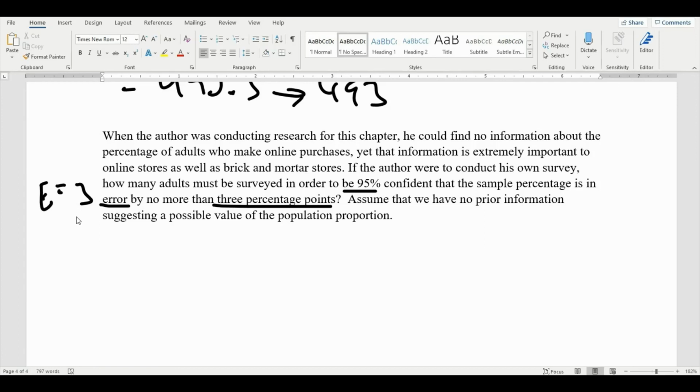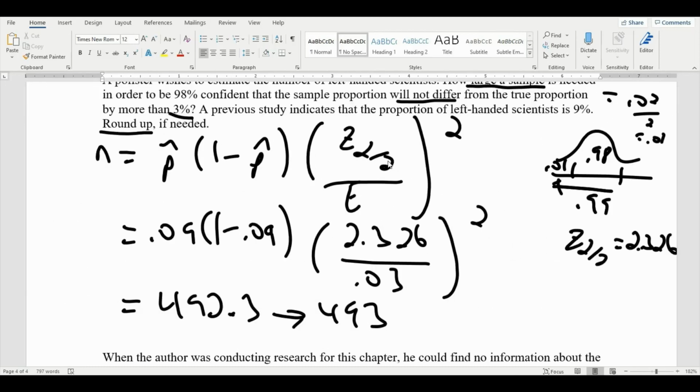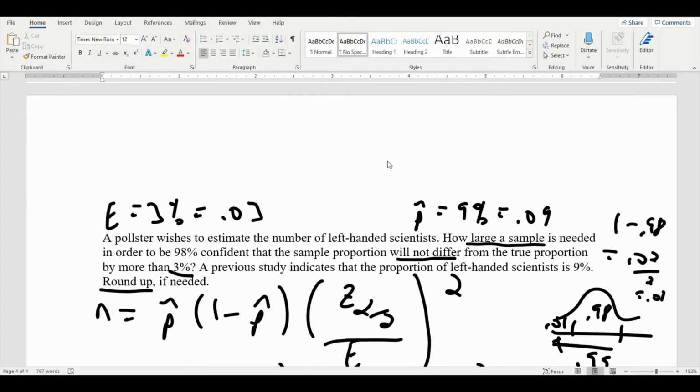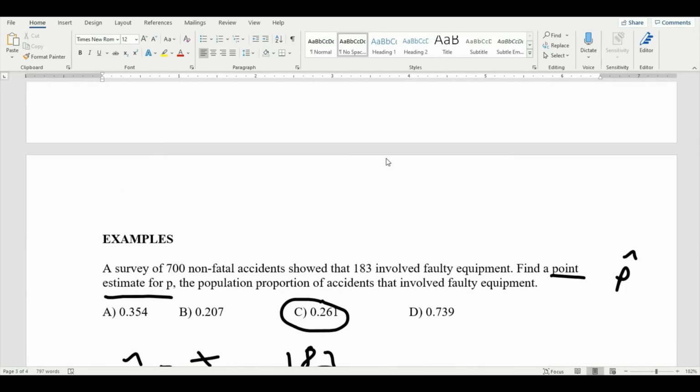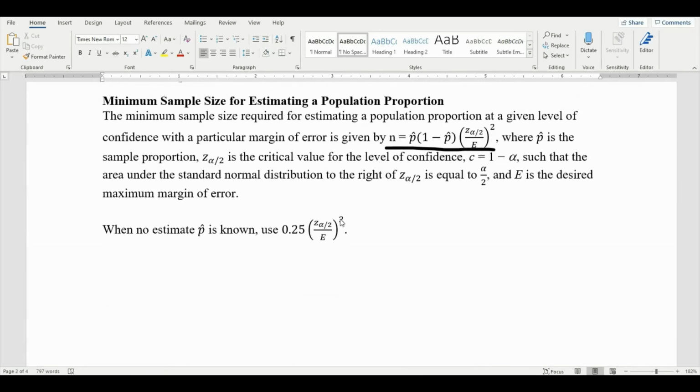And so this is the percentage. Let's read this and make sure we know what we're looking at. When there's no information given, we're looking at 0.25. And I'll tell you what's going on.